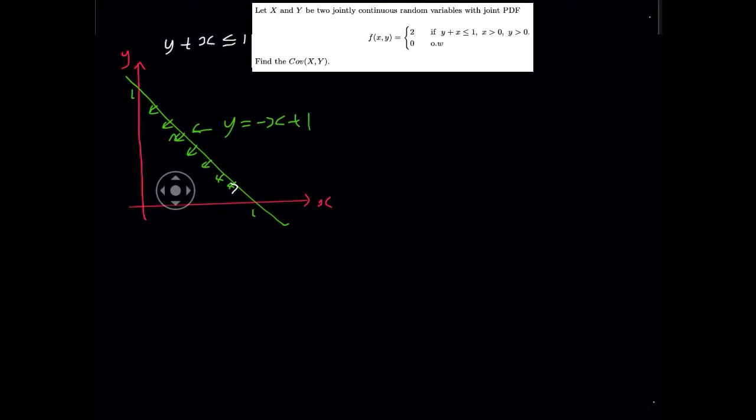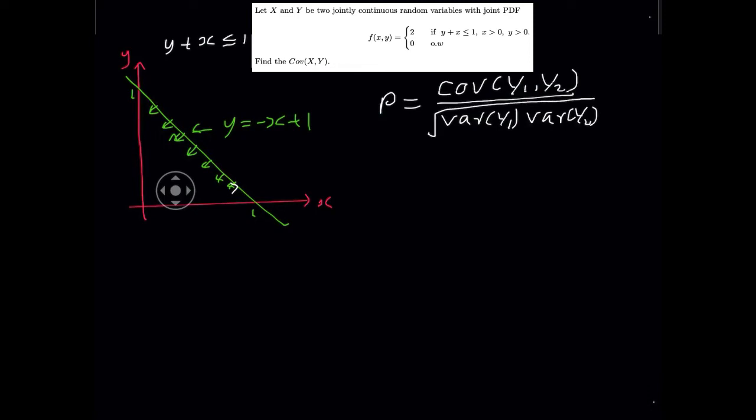The definition of the correlation coefficient rho is the covariance of Y1 and Y2 divided by the square root of the variance of Y1 times the variance of Y2. So this is the definition of the correlation coefficient.